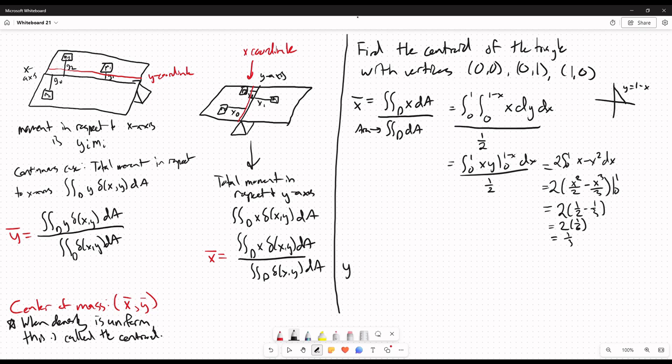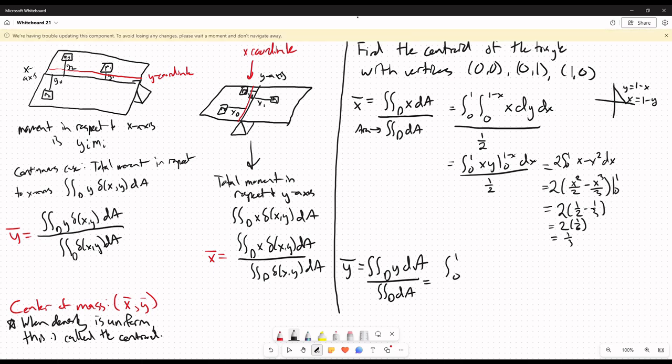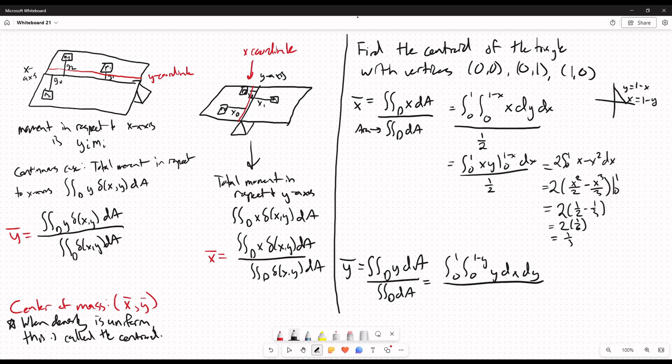To set up my y coordinate, I'm going to go ahead and observe that this line is also given by x equals 1 minus y. So we'll have the integral now of y over the area. And I'm going to make the rather cheeky choice to write this as this, which I think we can convince ourselves is exactly the same as the integral we just did.